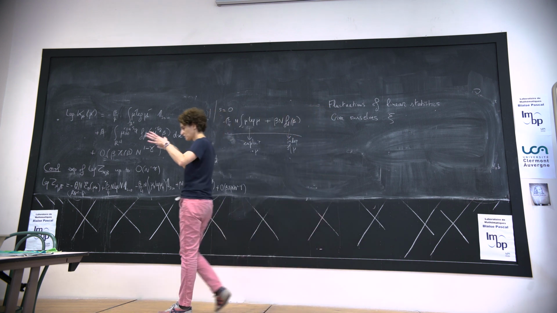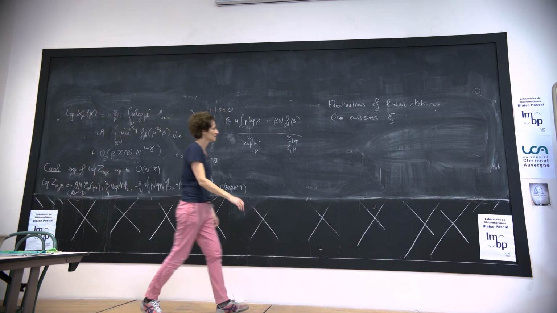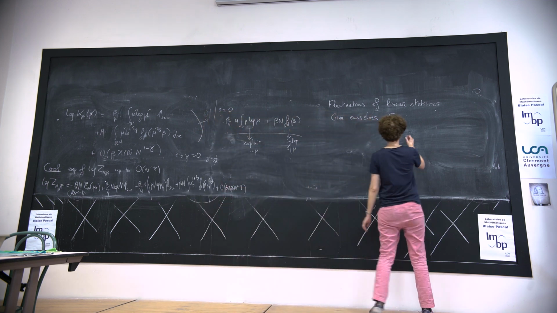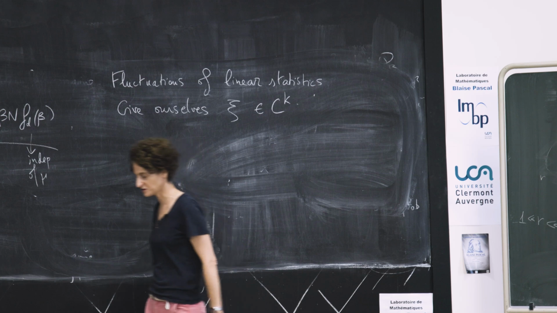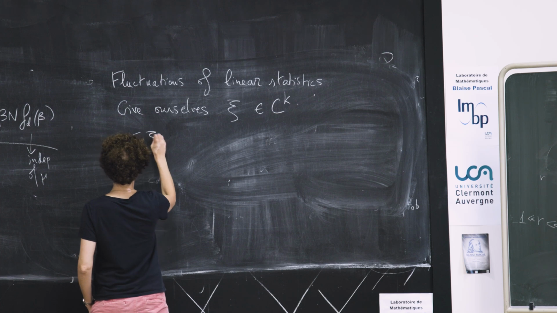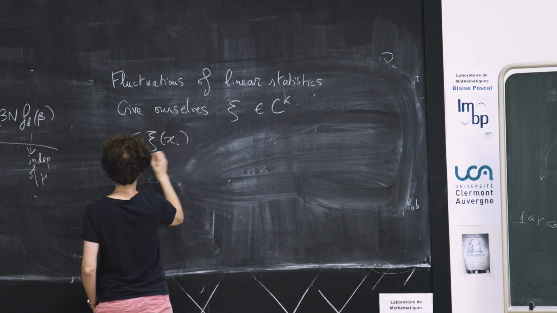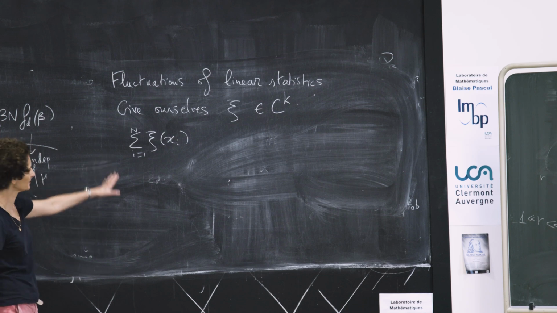Taking an indicator function of a box, that's very different from taking a smooth test function. Here I'm going to give myself a smooth one, so sufficiently many derivatives. And you want to ask what the linear statistics are doing. So quantities like that are called linear statistics.